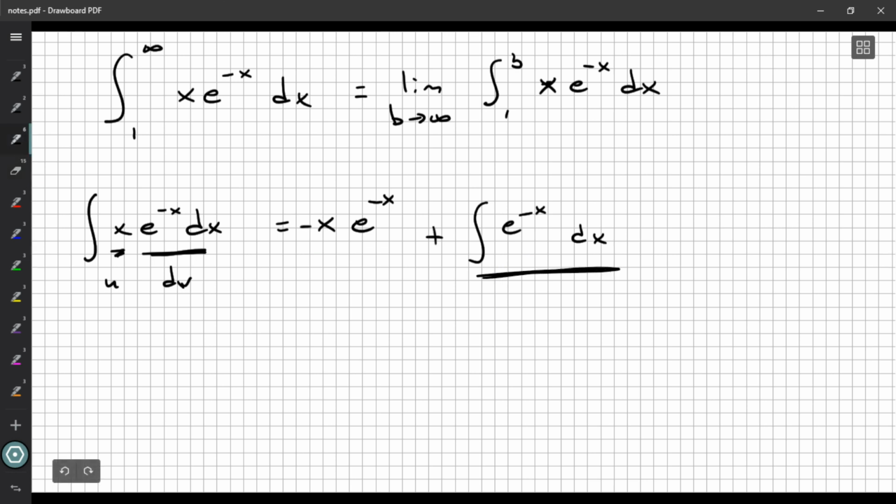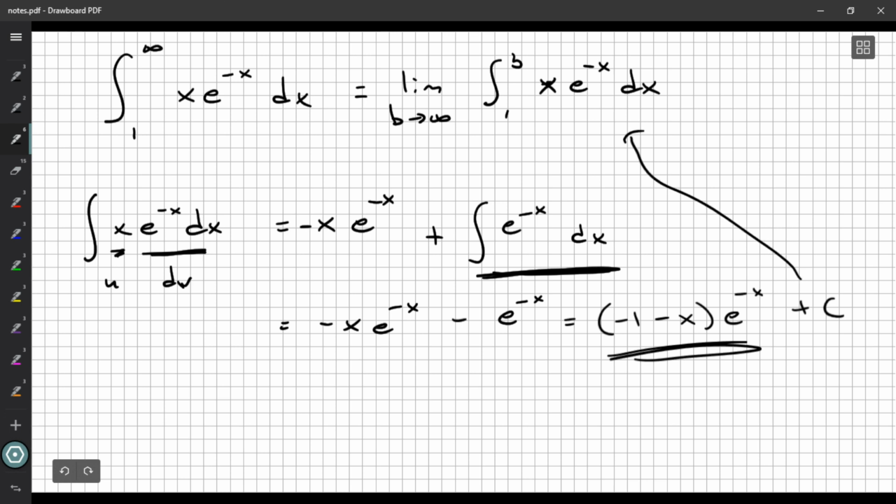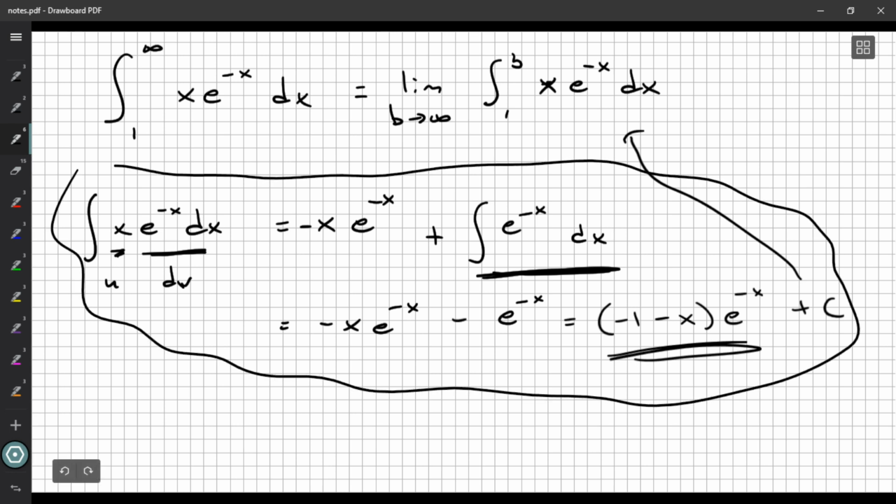But this I know how to integrate: just e to the minus x over negative 1, which again we can simplify and just say minus. So we get minus 1 minus x e to the minus x. So that's what the antiderivative looks like. You could use a plus c, but since we're about to put it into a definite integral, it doesn't really matter for us. Okay, so that was all just a little detour.